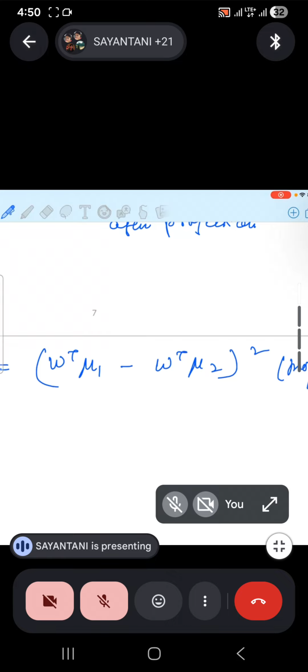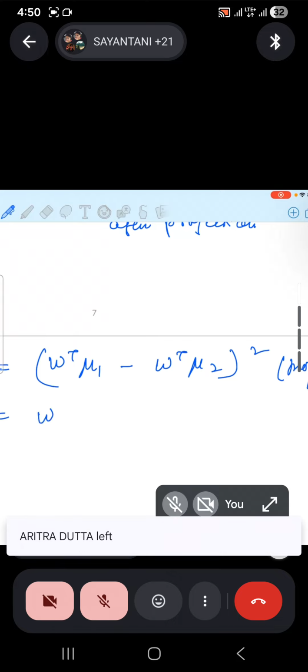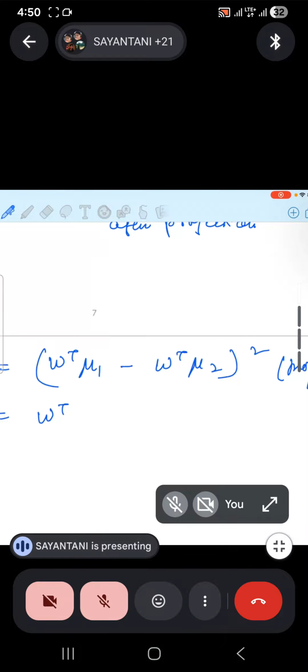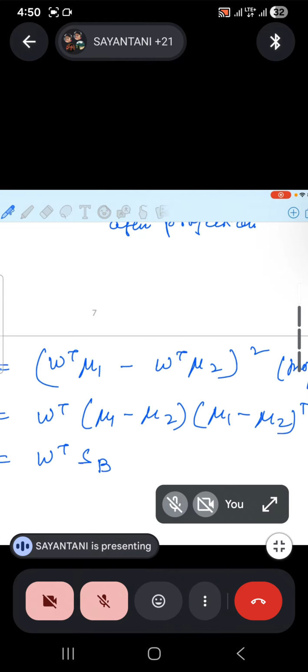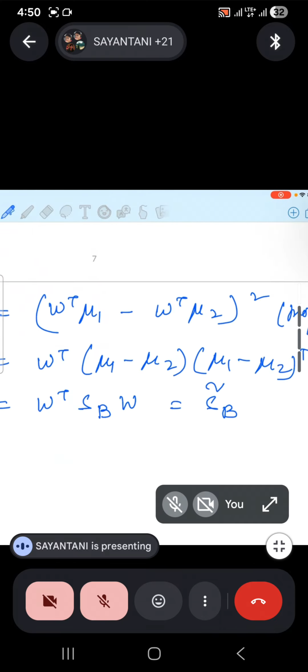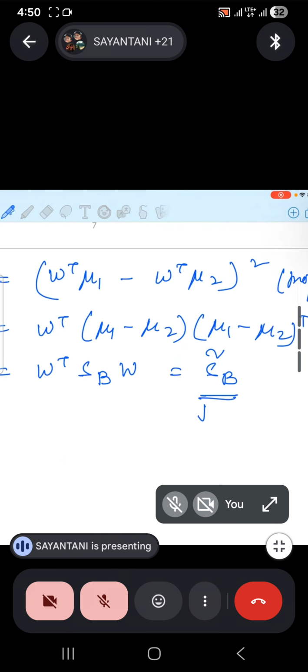You get this from equation number 1, right? Again, I am taking W transpose (mu1 minus mu2)(mu1 minus mu2) transpose of W. I can break it down in this particular fashion as I have shown you a few minutes back. And (mu1 minus mu2)(mu1 minus mu2) transpose, I can write as SB, so W transpose SB of W, and this can be written as SB tilde.